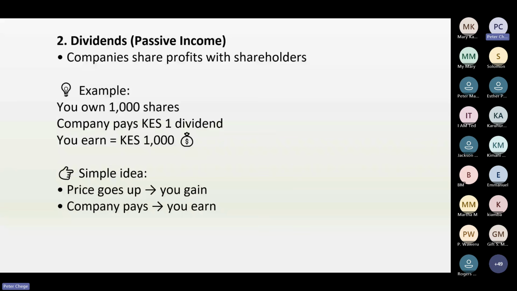So if you own like 1,000 shares and a company pays maybe Kenya shillings 1 for every share held, you only need to multiply the dividend by the number of shares. You get 1,000, less withholding tax, which is 5% for Kenyans. Foreigners it is 15%. You don't need to calculate all that. I will show you the calculator that you can use.